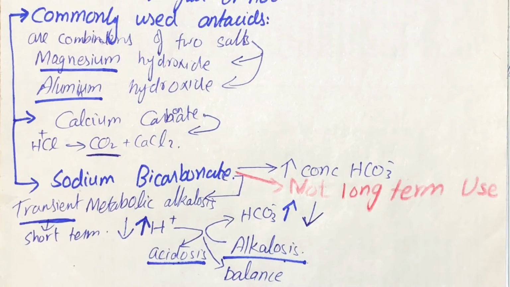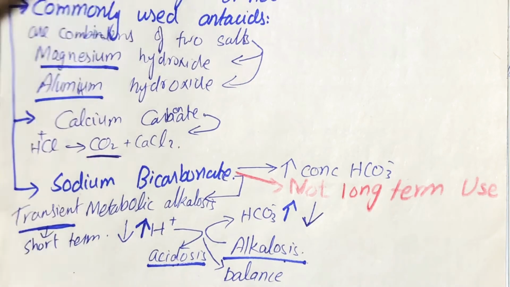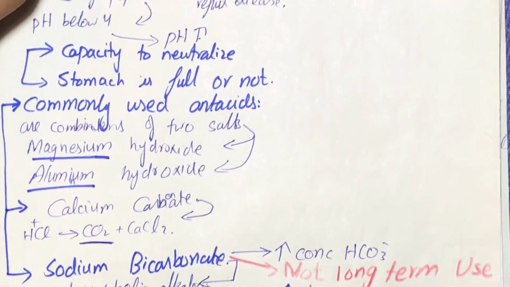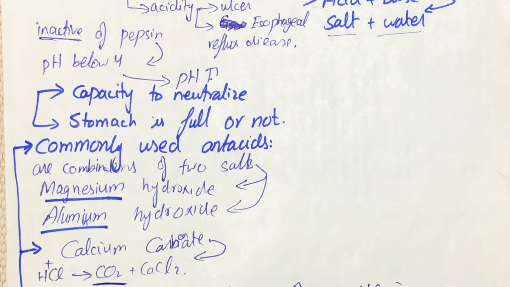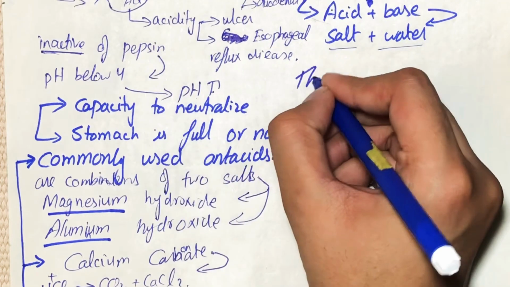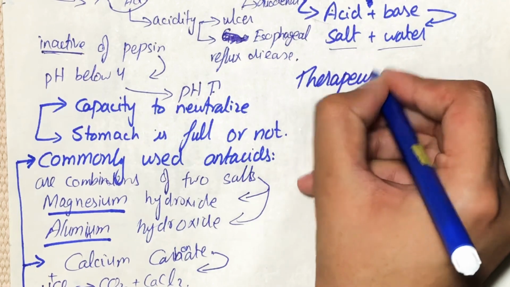Okay. So if we talk about therapeutic uses of these antacids, what are the therapeutic uses? We already know we are using it for creating balance or for neutralizing acid which is being increased in the patient having acidity problem or any ulcer or esophageal reflux disease. They could be anything related to increase in the acidity. Let's talk about therapeutic use.